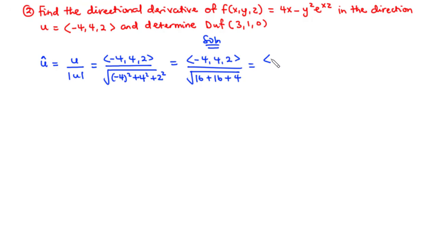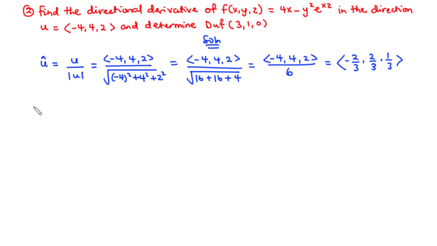So thus we have negative 4, 4, 2 all divided by 16 plus 16 is 32 plus 4 is 36, and then the square root of 36 is 6. Therefore, we have the unit vector having components negative 2 over 3, 2 over 3, and then 1 over 3. So this is the unit vector.